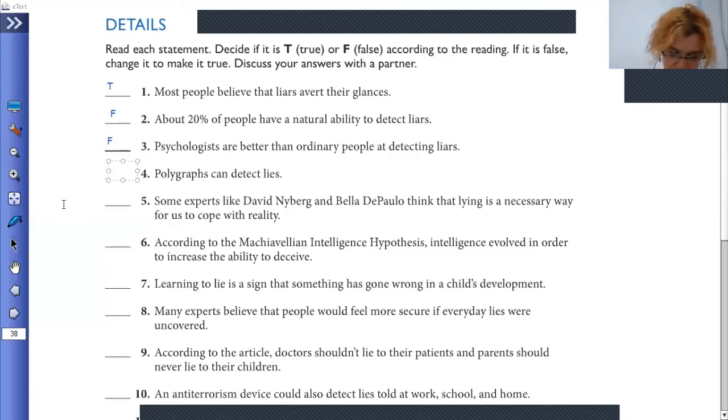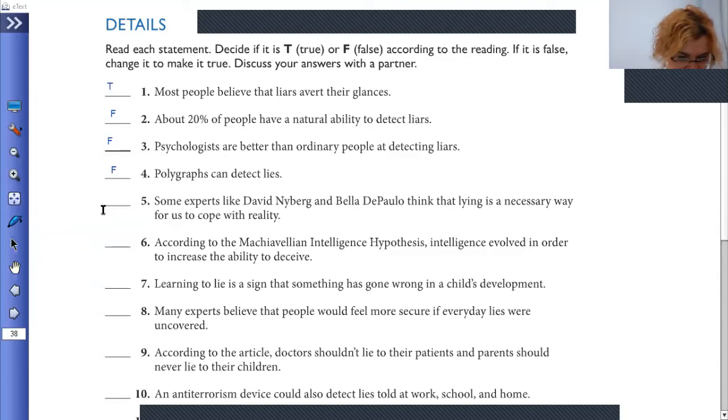What about number 4? Polygraphs can detect lies. Is that true? I couldn't find it. Okay, it's false, because they don't detect lies. They detect when a heartbeat goes up or so, and then from there they can determine. Yeah.